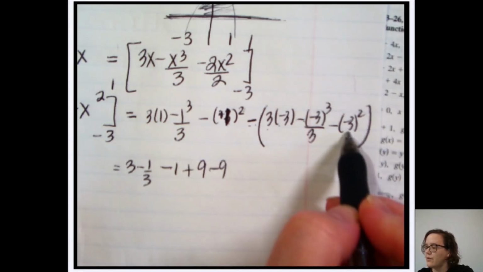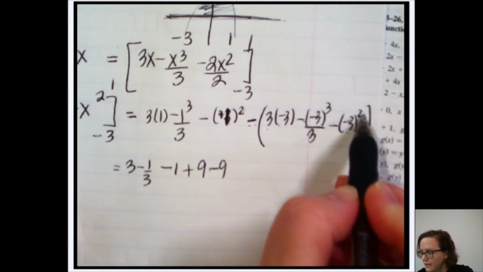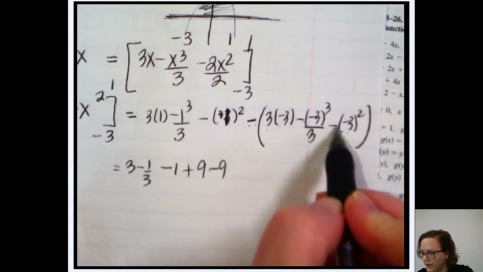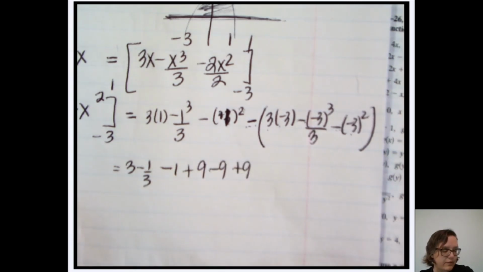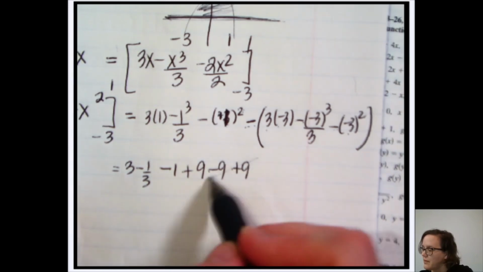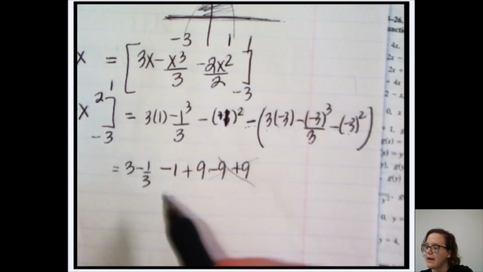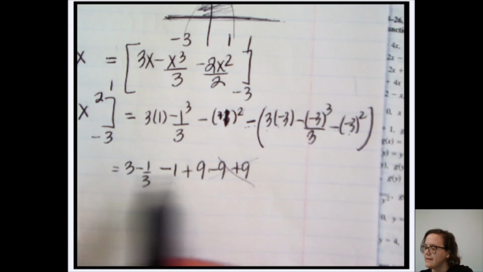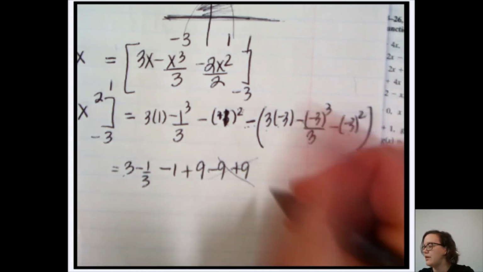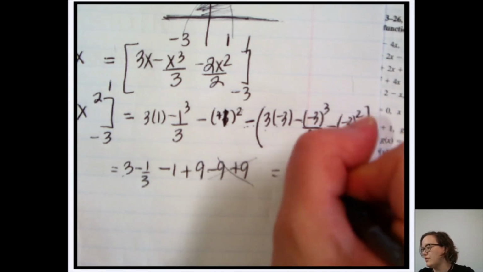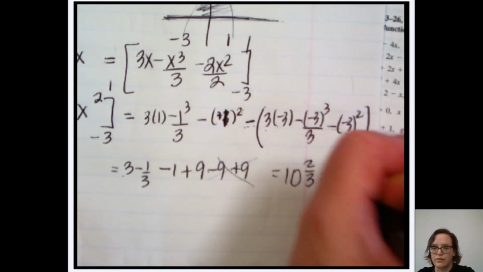And then -3 squared is 9. But this is a negative, so that's -9, but that makes this a +9. So lots of 9s everywhere. That makes 0. And here we have 8, and this is 11. So we have 11 minus 1/3. So we get 10 2/3, or 32/3.